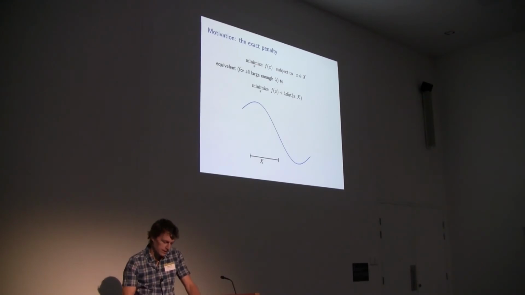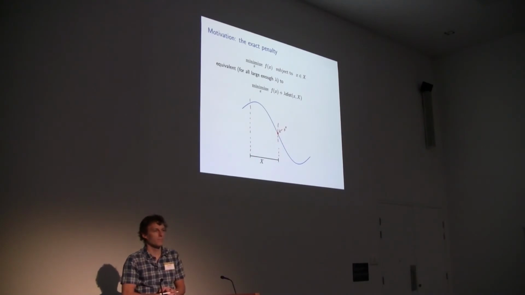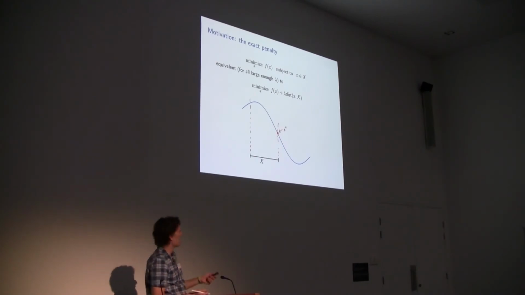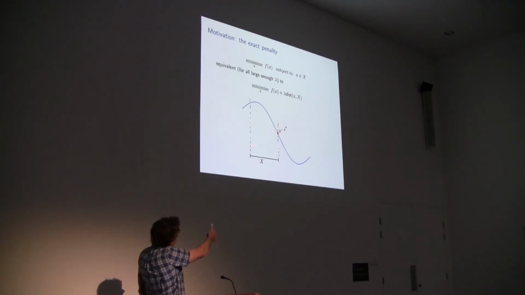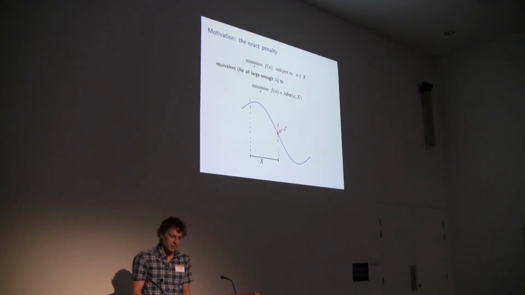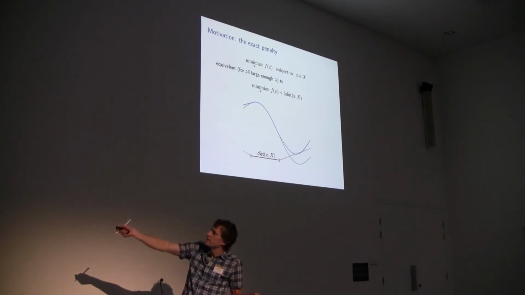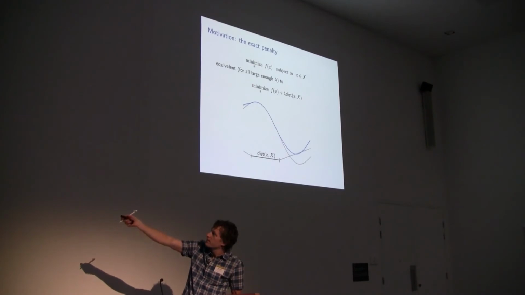Looking at this picture, this is my set X down here on the bottom. This guy right there is x star. This is a non-convex optimization problem. Clearly, this is not a convex objective. I'm going to claim to you that if I add the distance from points to X to this, eventually these are going to become the same problem, with the same minimizers and everything. So let's do some pictures. Here, I've just added the distance from x to my objective.